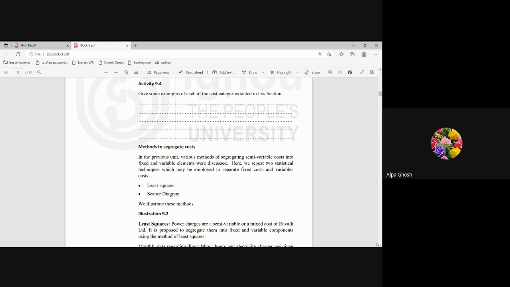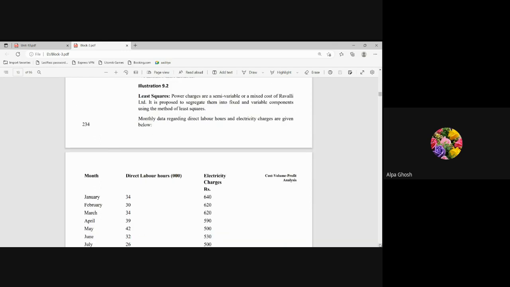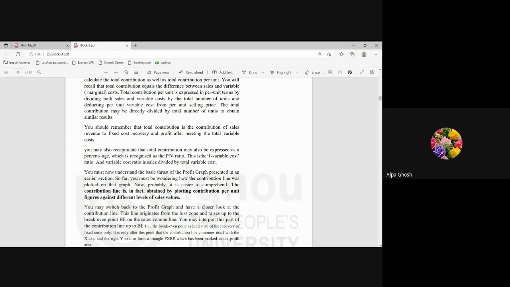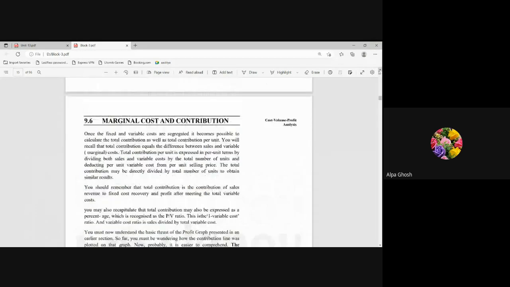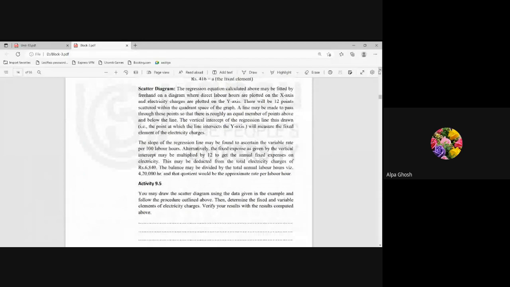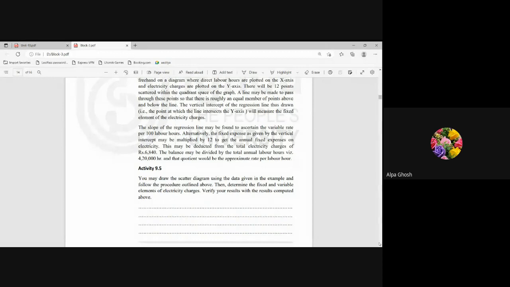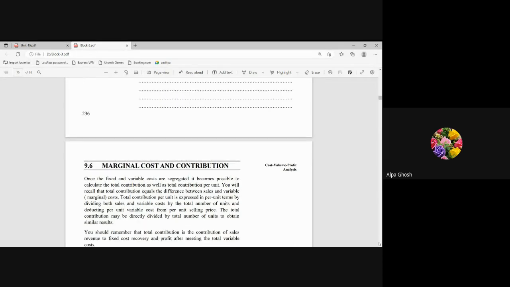So these are semi-variable costs. There are two statistical methods, which you will learn when you come to statistics: one is least squares and one is the scatter diagram. These are the two methods through which we try to segregate cost. Anything directly associated with your production is variable cost, and the one not directly associated with the volume of production is fixed cost.